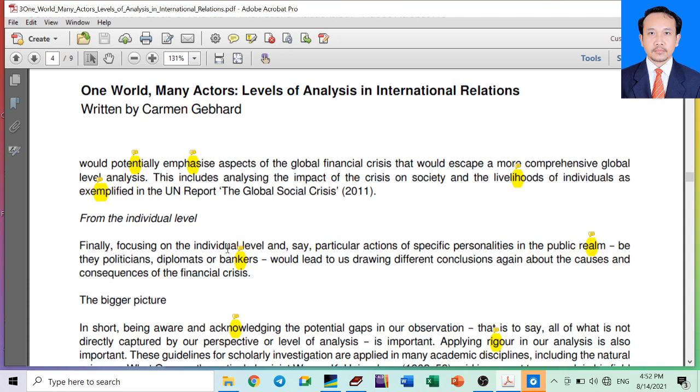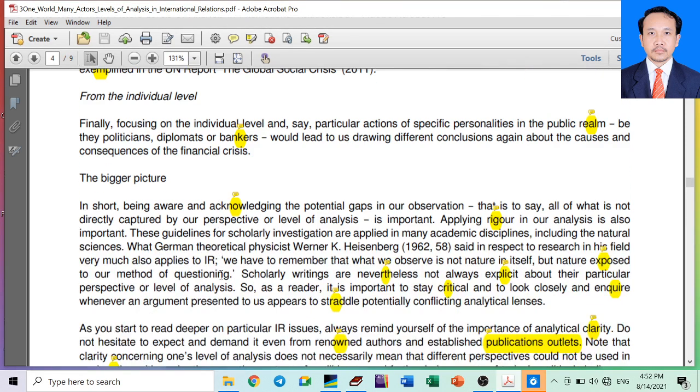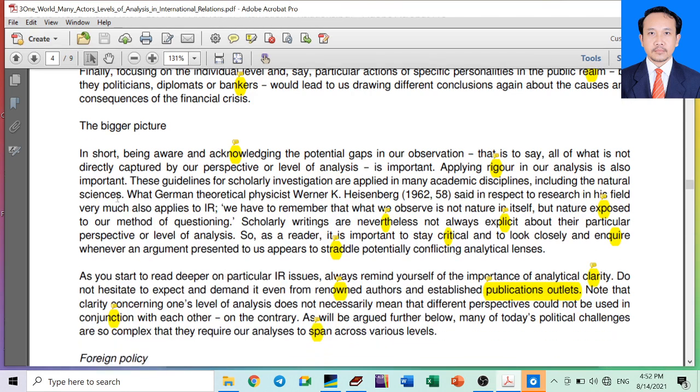Finally, focusing on the individual level and say particular actions of specific personalities in the public realm, be they politicians, diplomats, or bankers, would lead to us drawing different conclusions again about the causes and consequences of the financial crisis. Okay, let's finish this part.